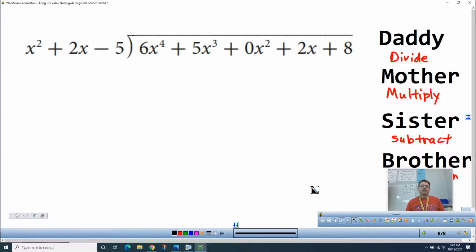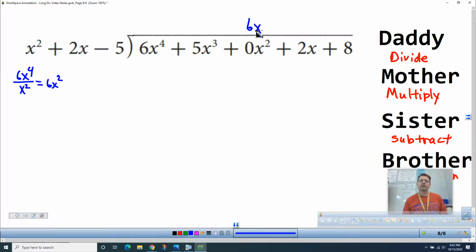Okay, I'm going to try to slide through this as quickly as possible, though, because you just really need to be seeing multiple problems for getting more examples. I think it's the real issue. So, divide 6x to the fourth divided by x squared, just our side work here, 6x squared. And notice we got the 0x squared here.